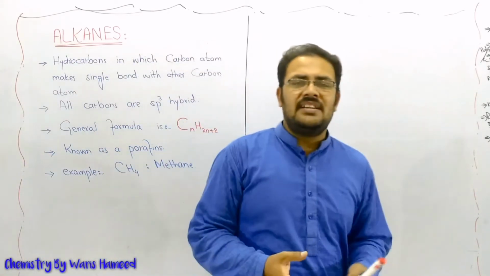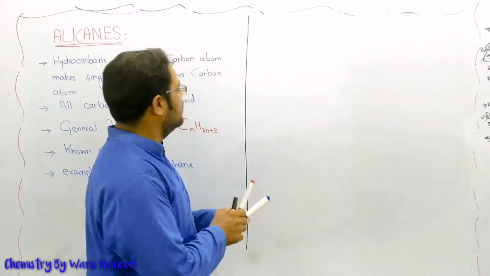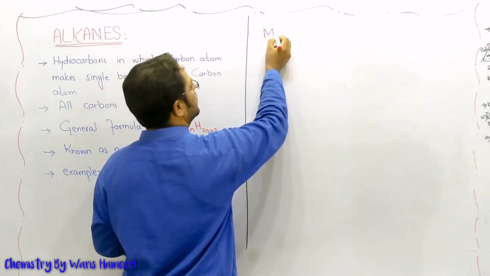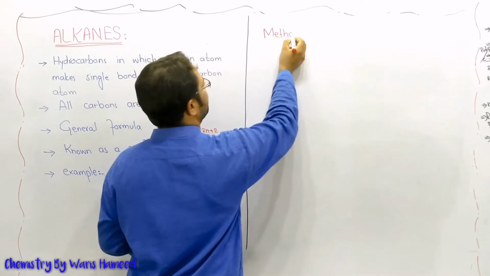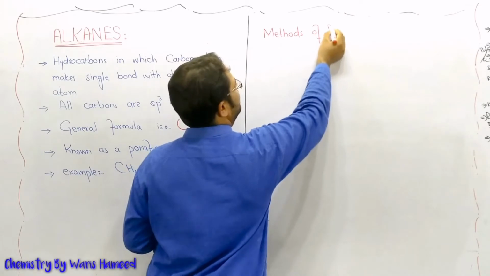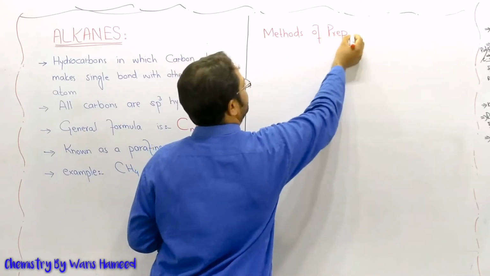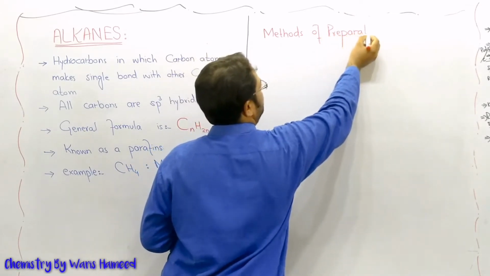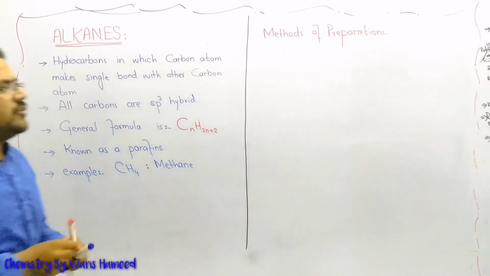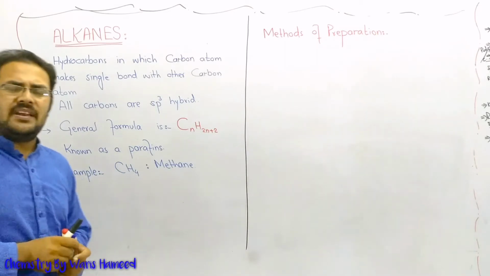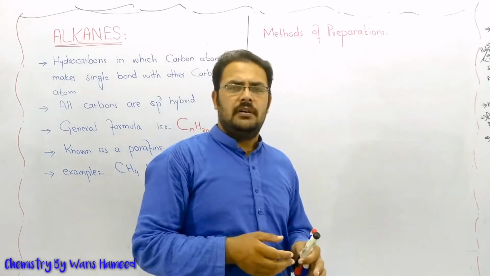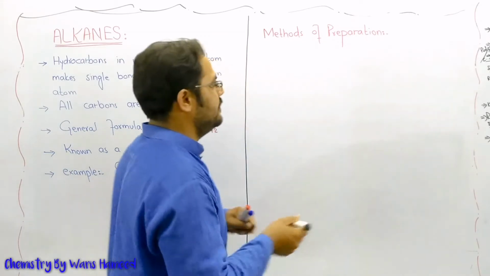Now, general methods of preparation. First of all, we can prepare alkane from alkenes or any unsaturated bond, carbon double bond carbon.